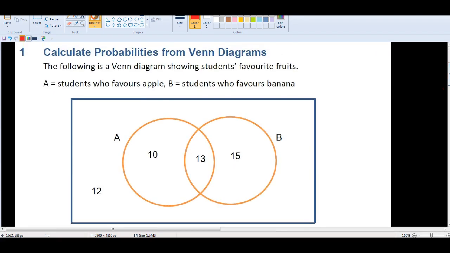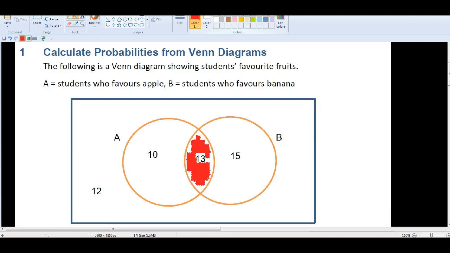For example, if you are provided with a Venn diagram showing students' favorite fruit. Again, we have seen this Venn diagram last time, so you should be pretty good at recognizing the meaning of each number. For example, the number here means there are 13 students who favored both apples and bananas.